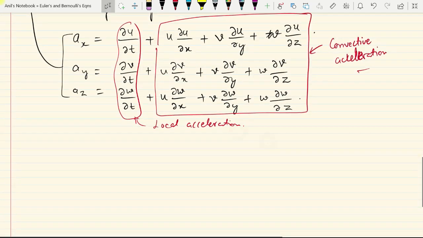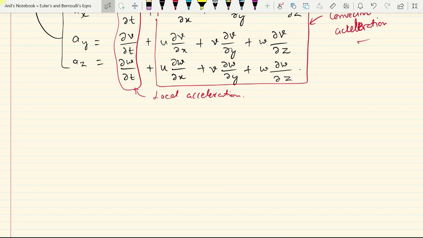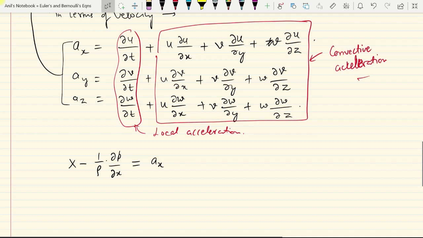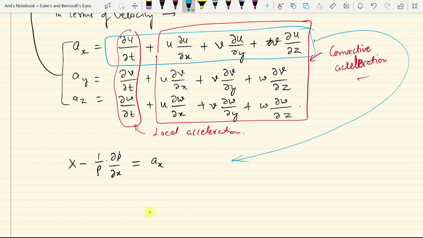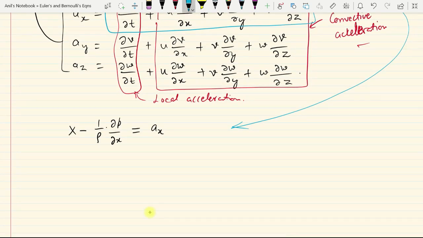Therefore, the first equation will become X minus 1 by rho into del p by del x. It will be equal to ax. This entire expression of ax will come here. Similarly, for ay, we will have Y minus 1 by rho into del p by del y equal to ay.